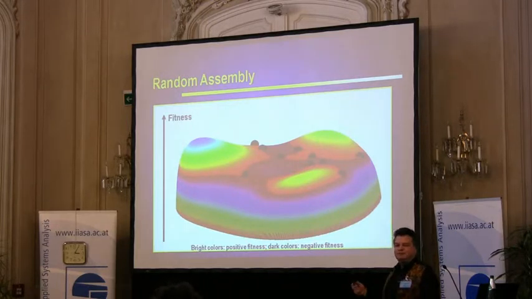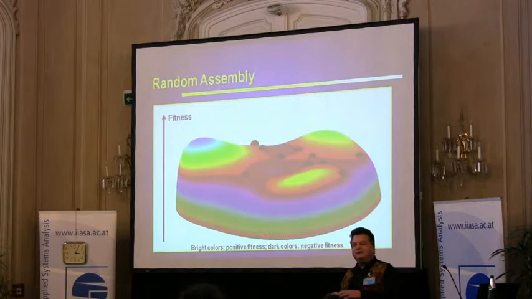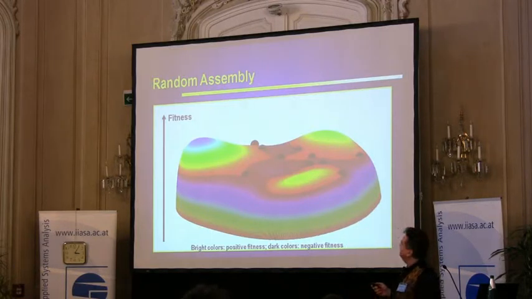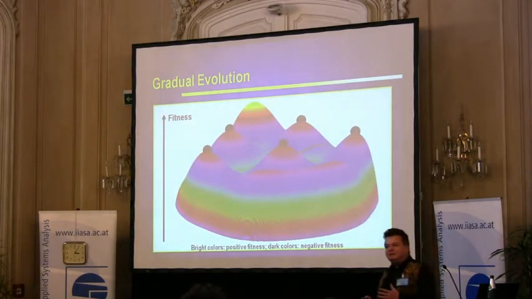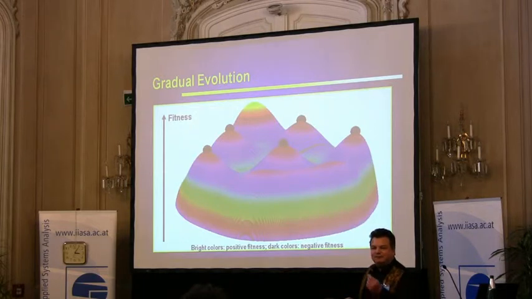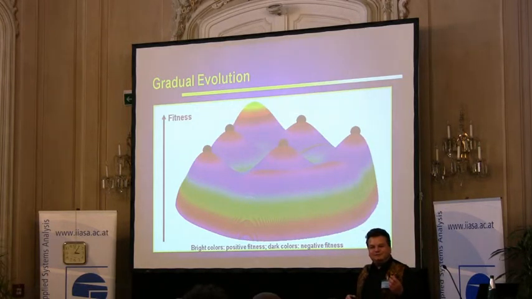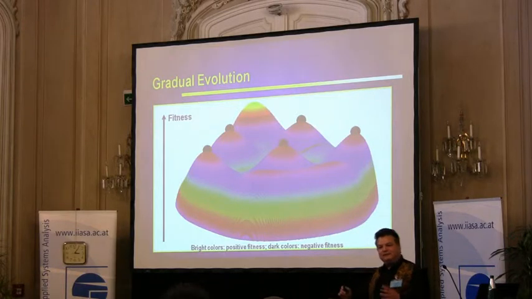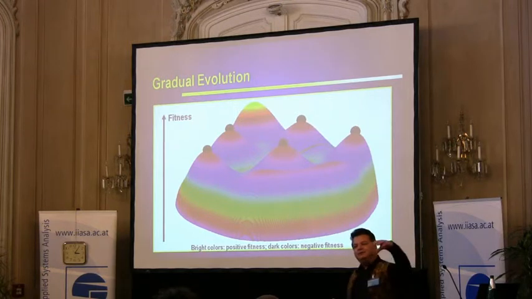So random assembly is quite inefficient actually. Even if you start with very many species, it's quite inefficient in filling a community so that no further invasion can occur. Now let's add to this gradual evolution. Gradual evolution helps a lot because now the species climb up the shoreline towards their nearest peak, and eventually each species ends up as a king of its little hill, and around it, fitness is negative, so this is an evolutionary steady state, but still, we would usually find peaks sticking out of the seascape and allowing colonization.